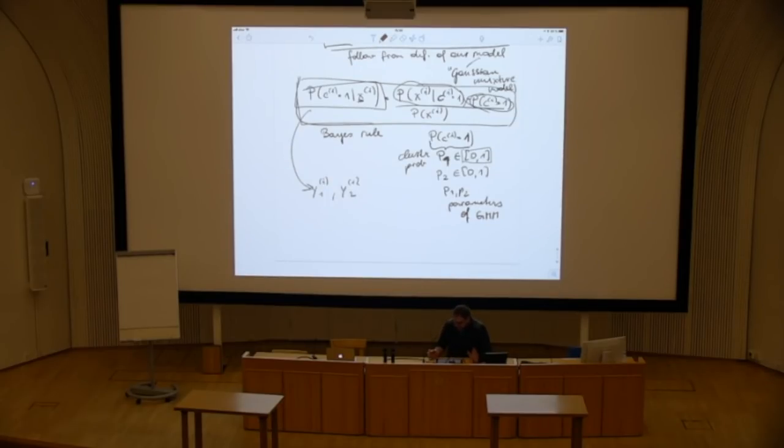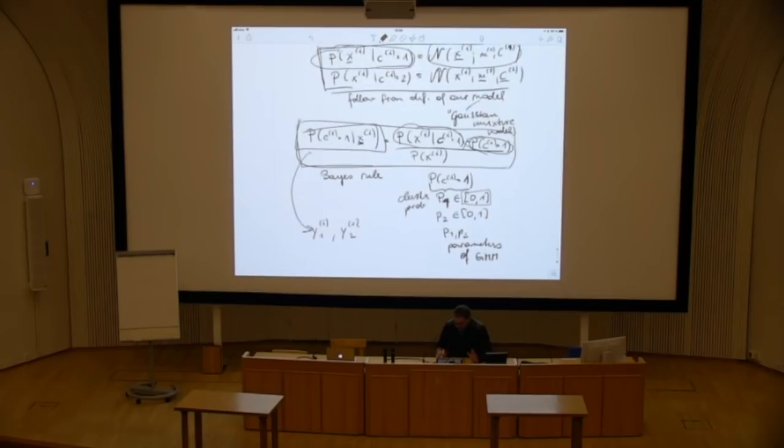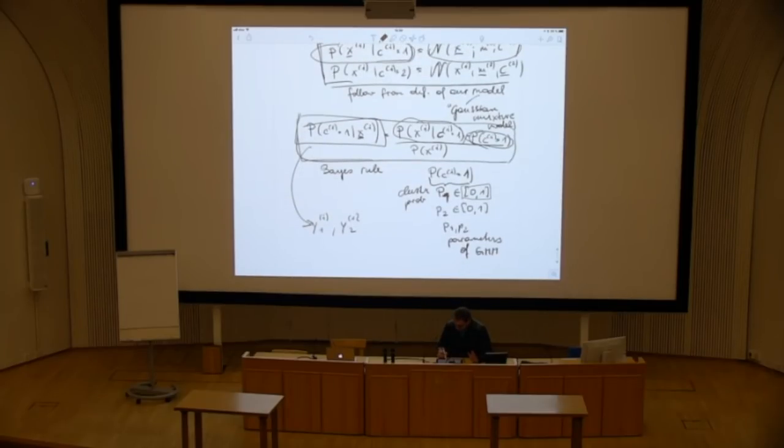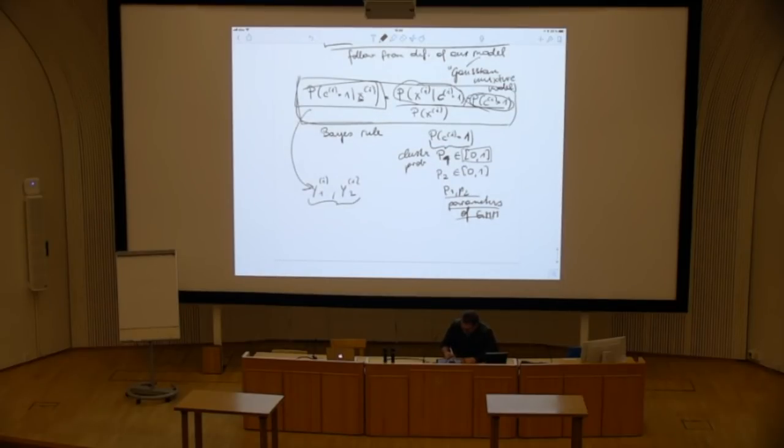Okay, so far so good, but we used a lot of knowledge that we don't actually have. We used all these parameters. So to recap, to compute this, we need the Gaussian mixture model parameters, which are the cluster probabilities P1, P2, the mean vectors M1, M2, and the cluster covariance matrices C1, C2.